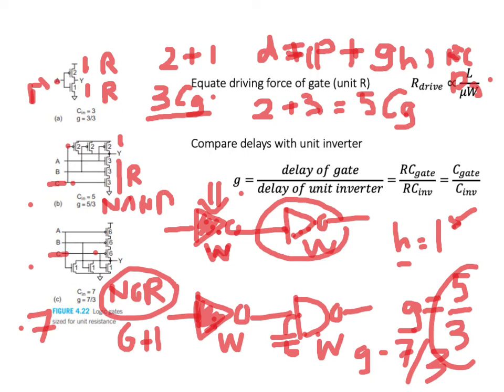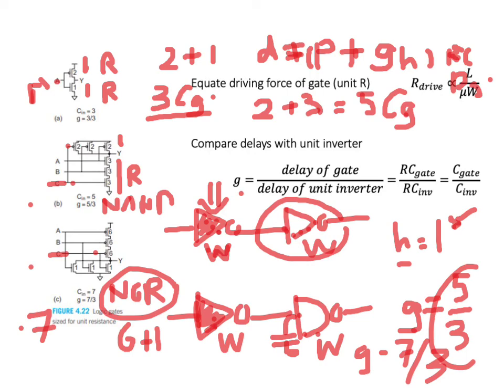So G accounts for the differences of the logic gates being driven as a load, whereas H is the only one that accounts for the size W, and H is simply a measure of the relative size of the load gates being driven compared to the size of the gate that is driving the load.